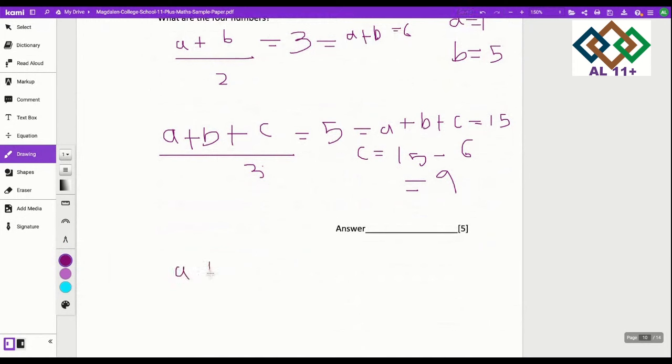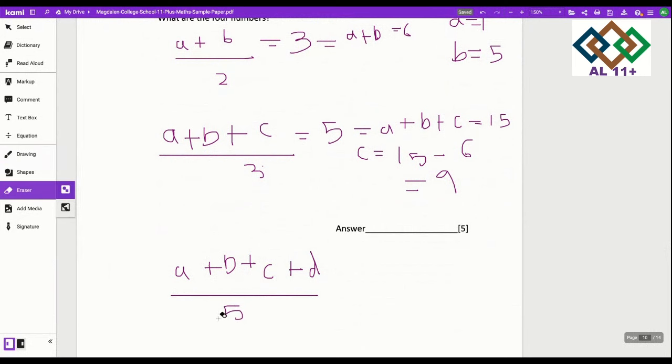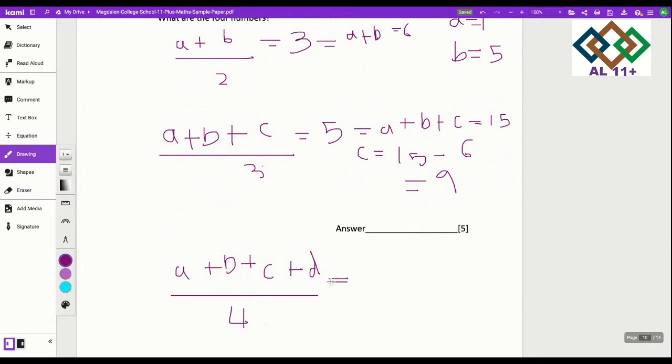And the last one is A plus B plus C plus D divided by 4, sorry, 4, not 5. 5 would be the next one. Divided by 4 equals 7.